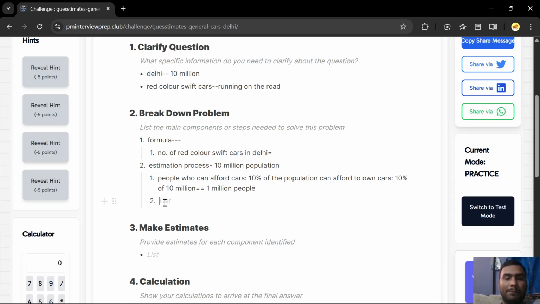So the number we have is people who can afford cars. And currently, we are not going into brand or color, we do that later. But we just have a number, 1 million people who can afford a car in Delhi.